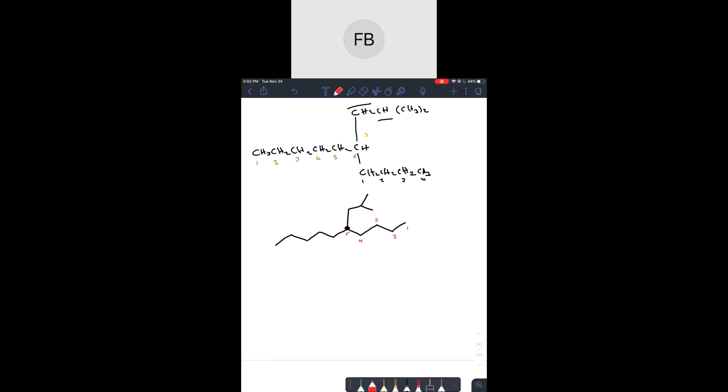Yeah, so starting from the right, why? Because if you go from the left, it would be on 6 instead of 5. Right. Yeah. So this branch coming off is closer to the right end than the left end. Okay, so what now?